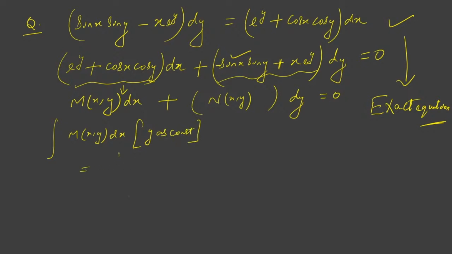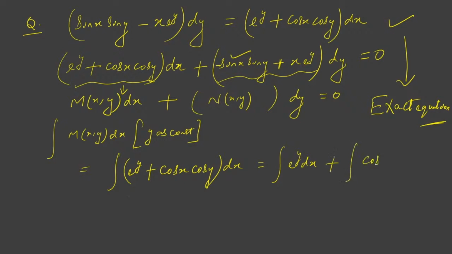So that is equal to integration of e to the power y plus cos x cos y dx, right? So integration of e to the power y dx, plus integration of cos x cos y dx, right?